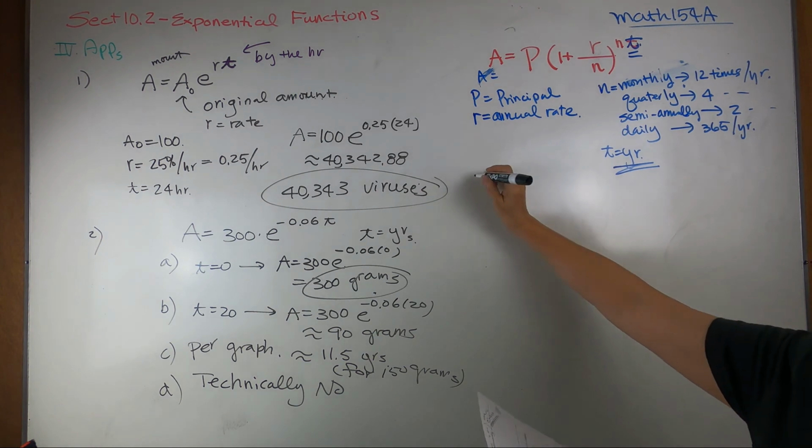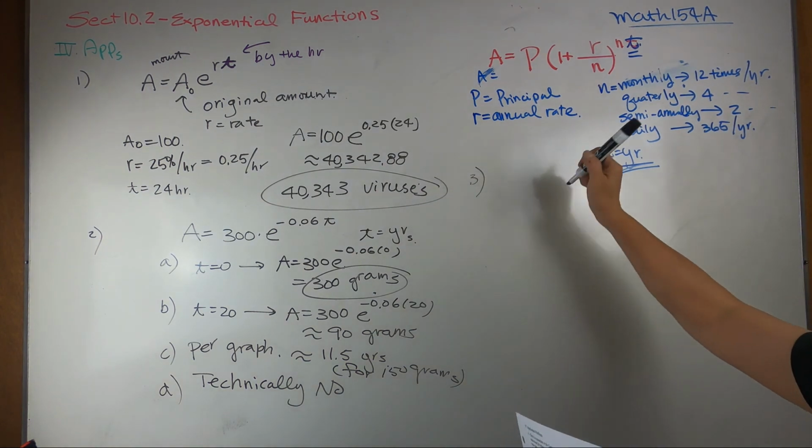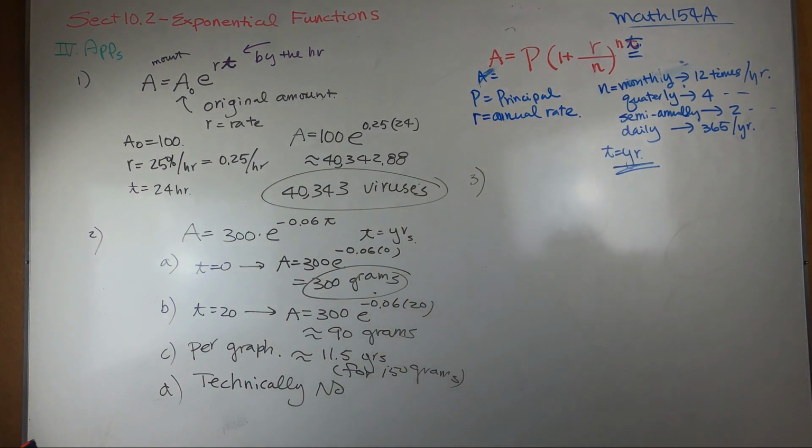All right, and how are we going to use that? Look at number 3. Solve using the formula above to find the amount owed at the end of 5 years. If you borrow $3,000 at the rate of 10% per year and compound quarterly, then 5 years later, how much do you owe them?